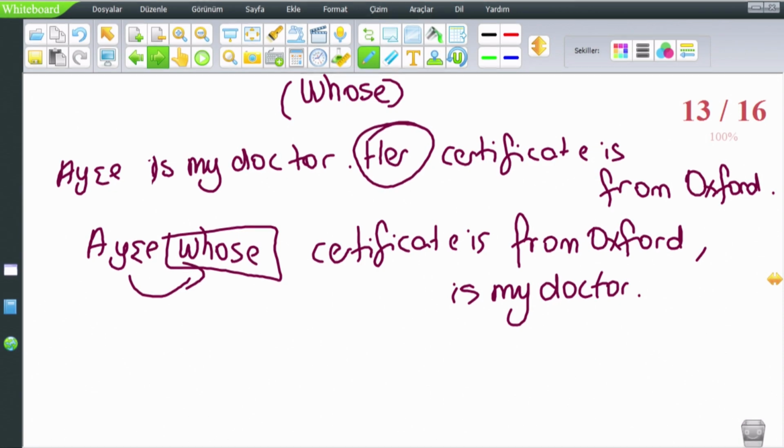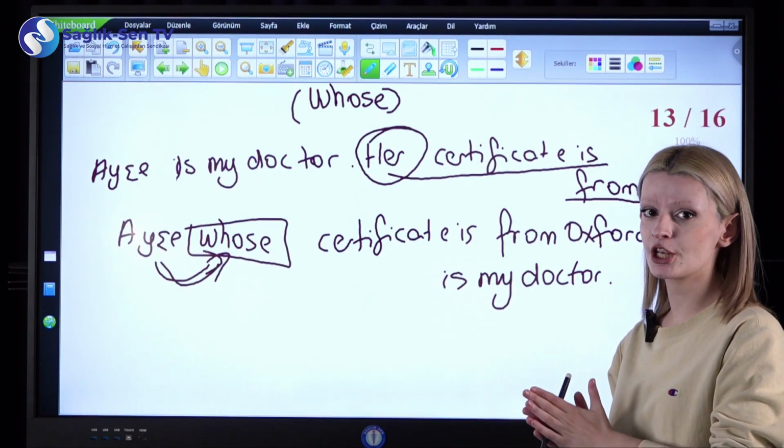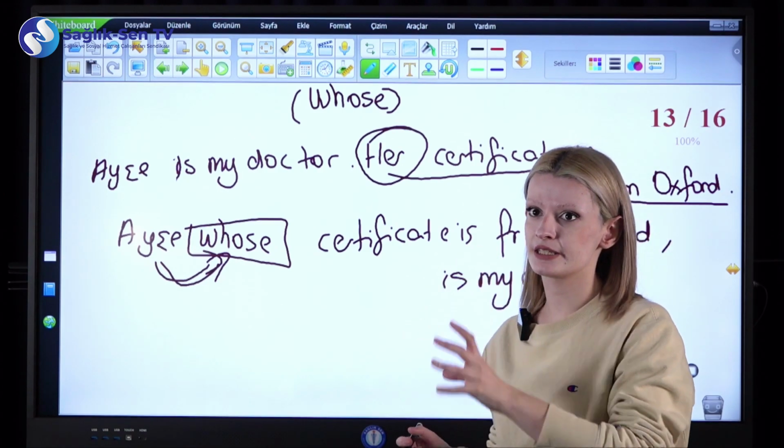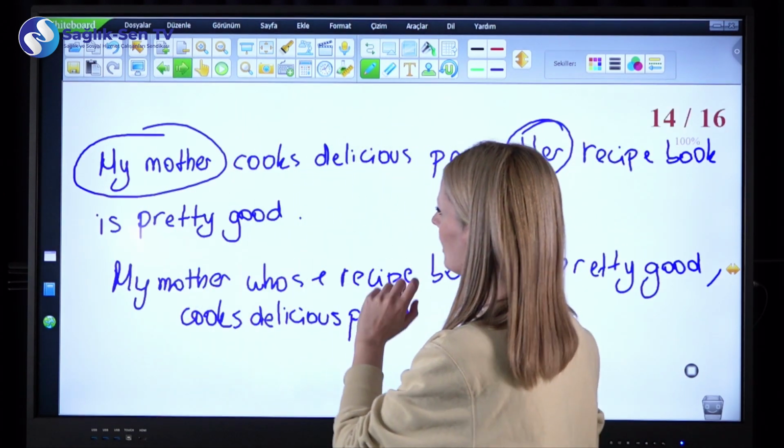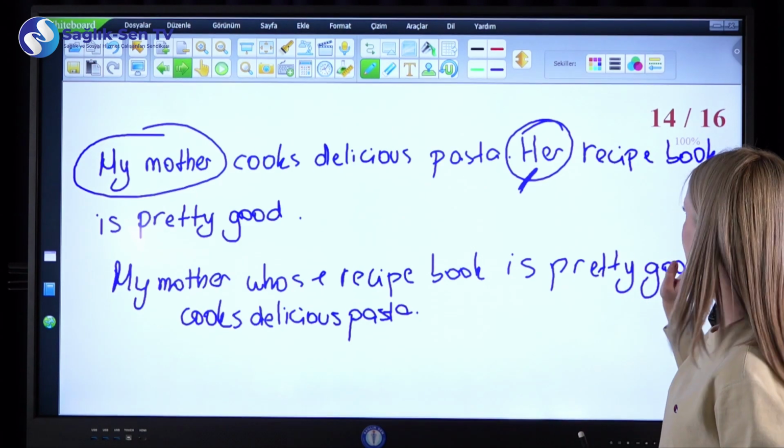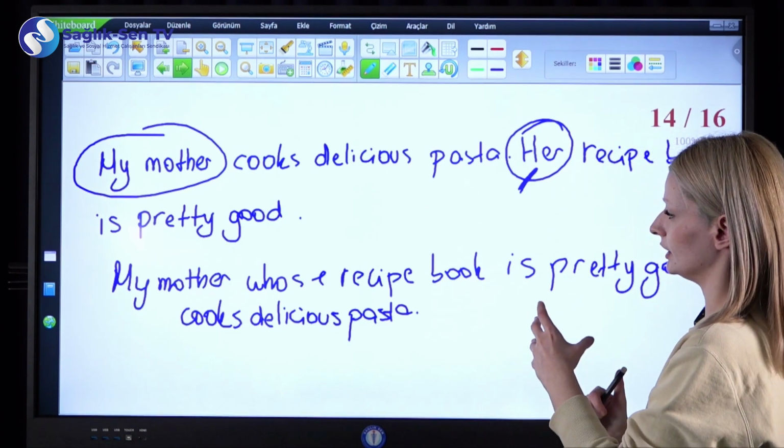Then we have jumped into the relative pronoun whose. Ayşe is my doctor, her certificate is from Oxford. Ayşe, and then I have to put whose right after her, and then continue with the sentence which has the possessive adjective. Whose certificate is from Oxford is my doctor, but I cannot change the places of these sentences. My mother cooks delicious pasta. Her recipe book is pretty good.